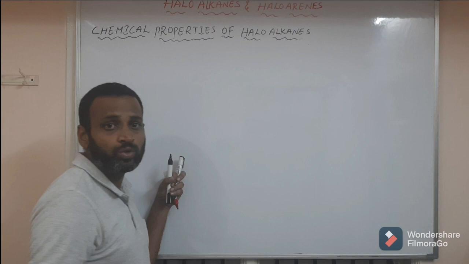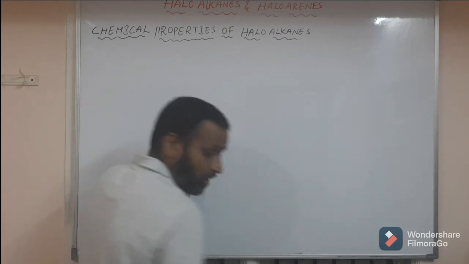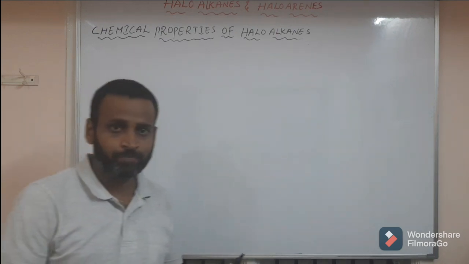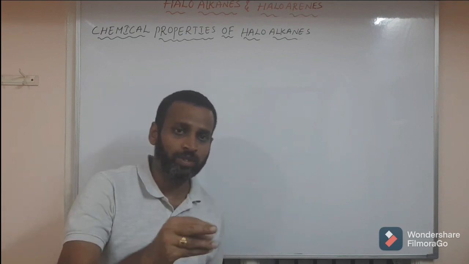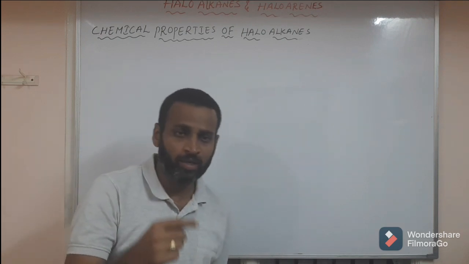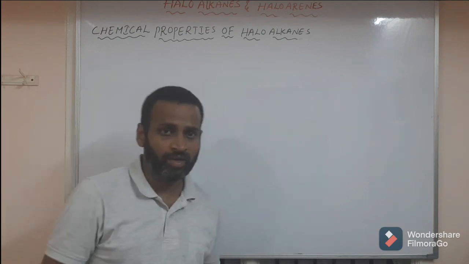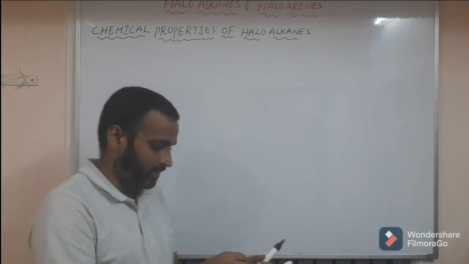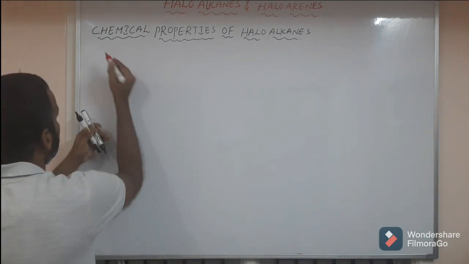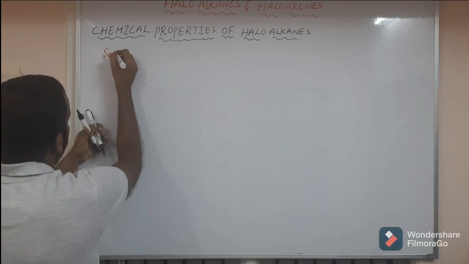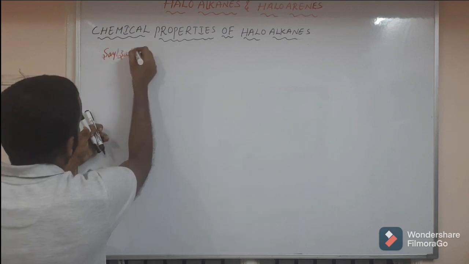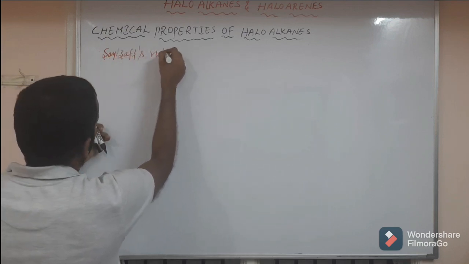Like Markovnikov rule, you have to add the negative species to the double bonded carbon which has fewer hydrogens. Like that, in this particular case, what rule did I say? Okay, Saytzeff's rule.